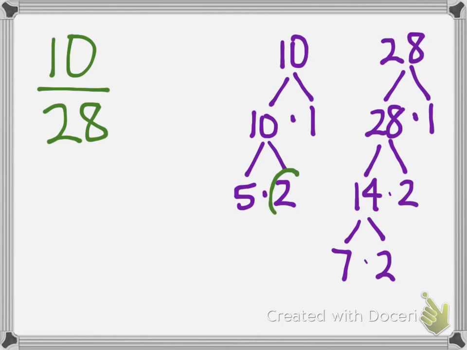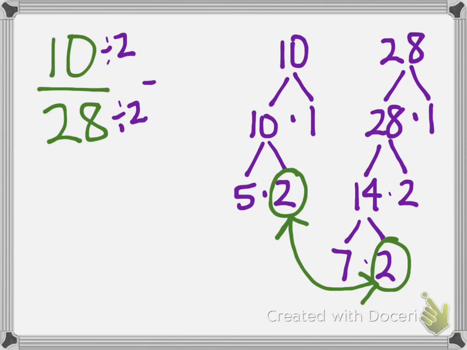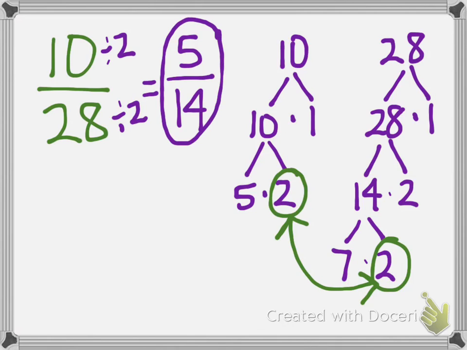And it is, in fact, 2, again. So I'm going to divide both of these by 2. So 10 divided by 2 is 5. 28 divided by 2 is 14. And I have just reduced or simplified 10 28ths in its lowest terms to 5 14ths.